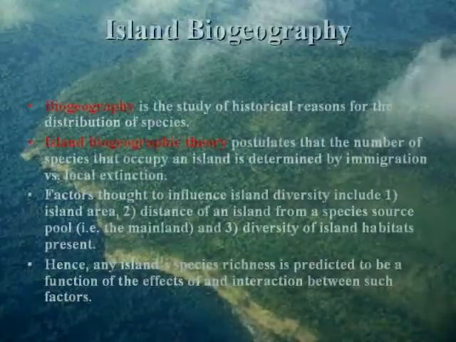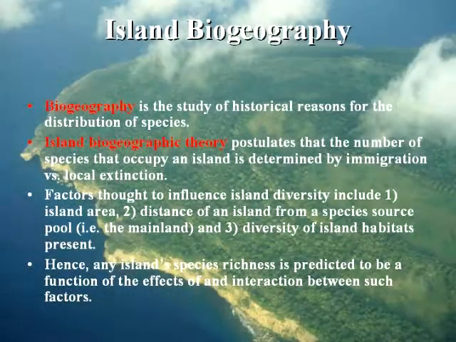So we can summarize classical thinking about island biogeographic theory like this. First of all, by the term biogeography, I mean the study of historical reasons for the distribution of species around the planet.